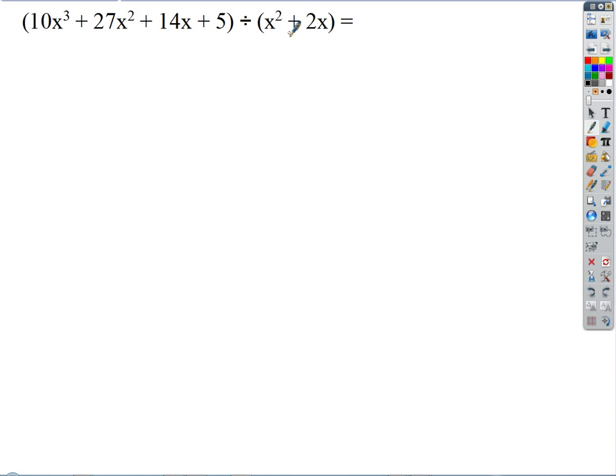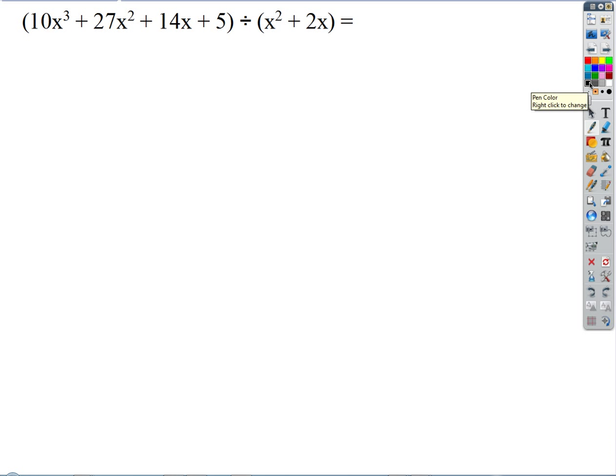If the denominator has any power of x bigger than 1, we cannot use synthetic division. We can only use synthetic division if we have a little linear polynomial there that's got only powers of x to the 1, okay? Or even if it's just a constant, but we won't be doing that. We'll be dividing by a little linear polynomial. So we got to use long division here.